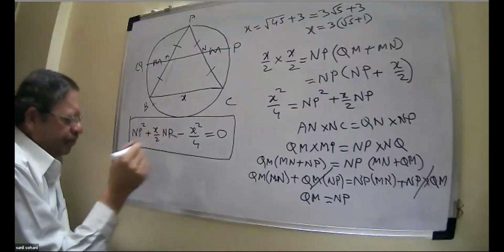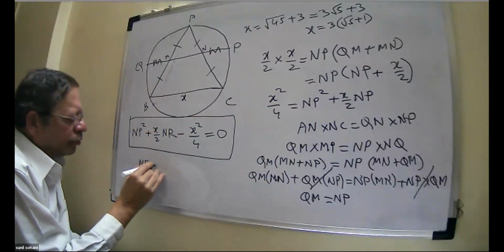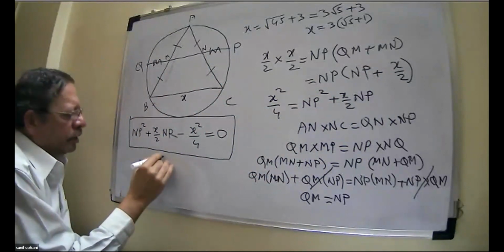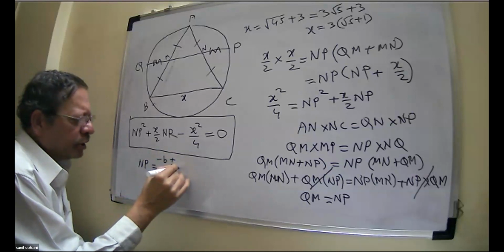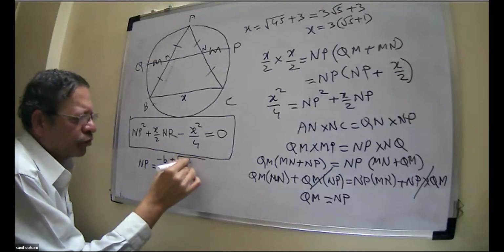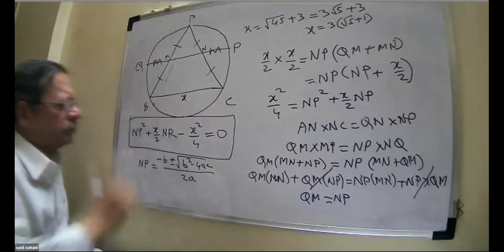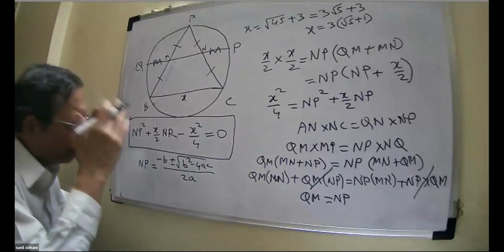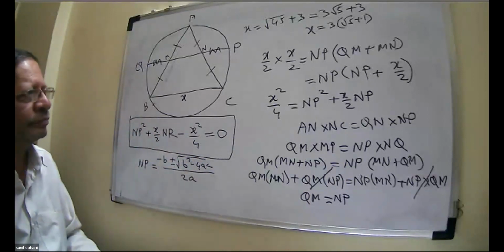In the quadratic equation, NP is the unknown thing which we are trying to find, and using the formula method, minus b plus or minus root of b square minus 4ac upon 2a, when you solve this, you will get a very nice answer of NP as 3.